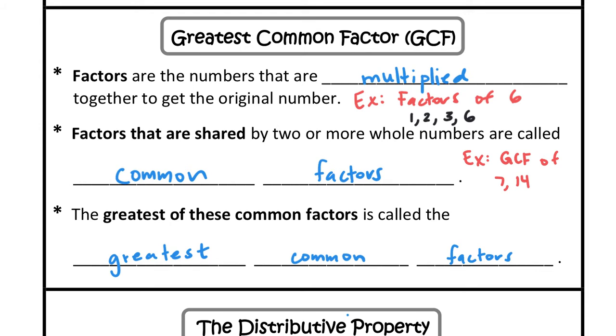What's the greatest common factor that they have? They're both divisible by 7, right? So their GCF is equal to 7. Both of these terms are divisible by 7.